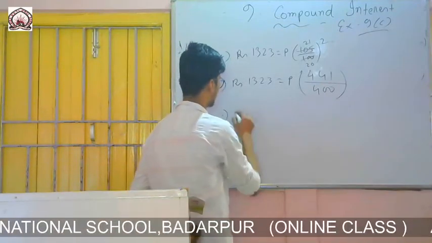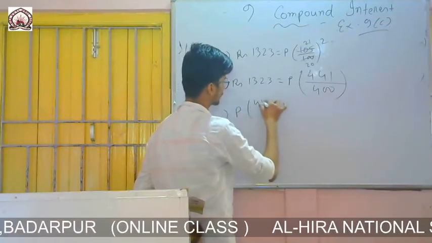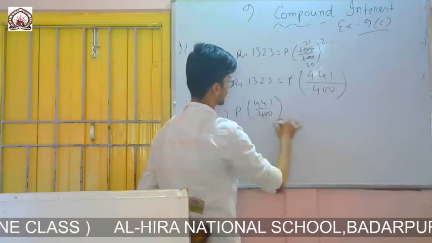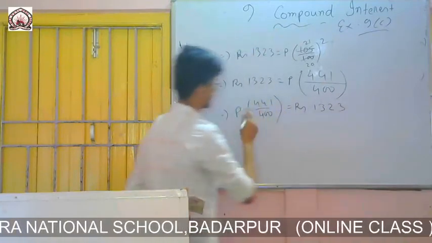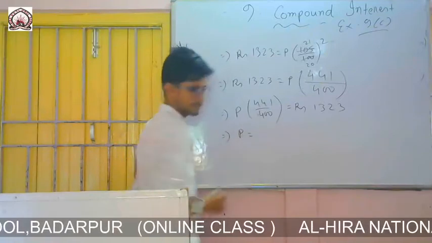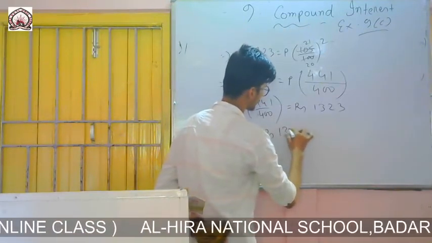So now I will write P on this side. Okay, you write it fully, 441 by 400, and then you change. You may get confused, that's why I am writing like this, or if you want you can directly take it. So P will be rupees 1323.